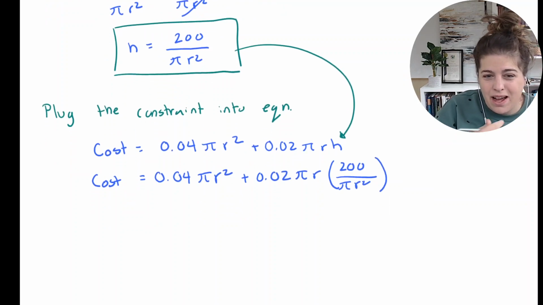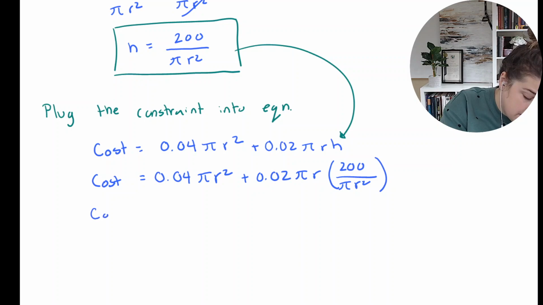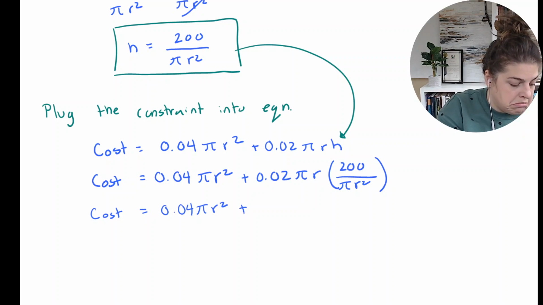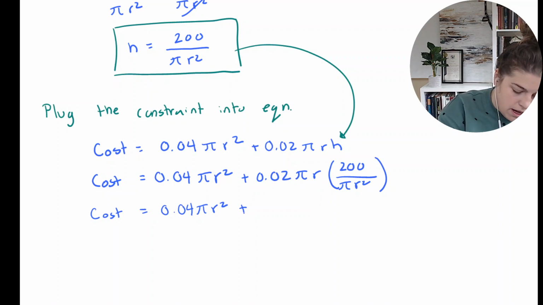Before I take the derivative, I always like to simplify if possible. Oh my goodness, I am already tired of this problem. 0.02 times 200 is going to be 4. Nope, nope. Why did I think that? Yes, it's going to be 4, right? Because all of this is related by multiplication.